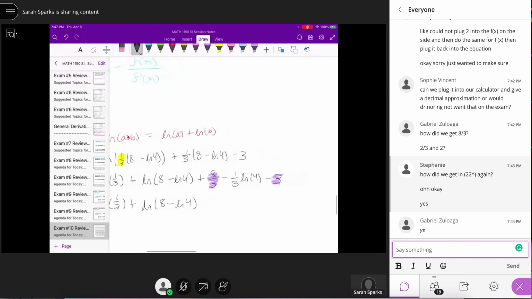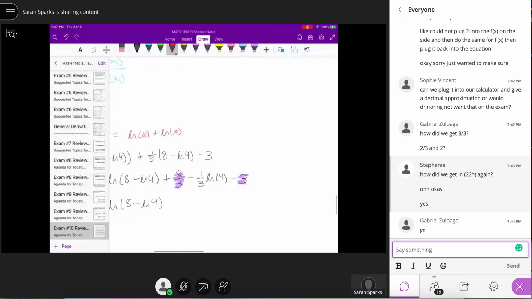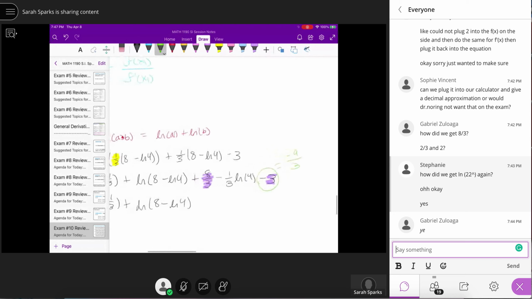We know that -3, let me write this off to the side, -3 is going to be equal to -9/3. -9/3 plus 8/3 is -1/3. So we'll have -1/3 natural log of 4 minus 1/3.